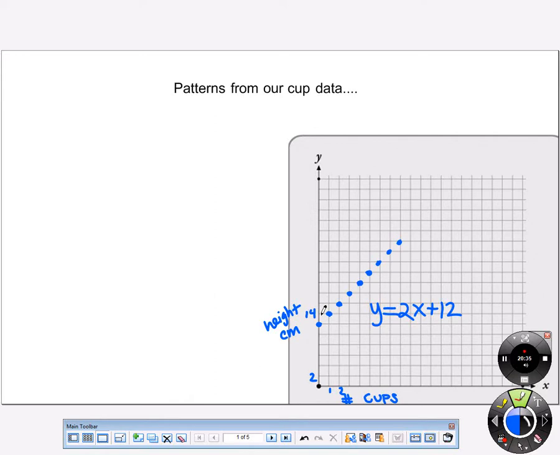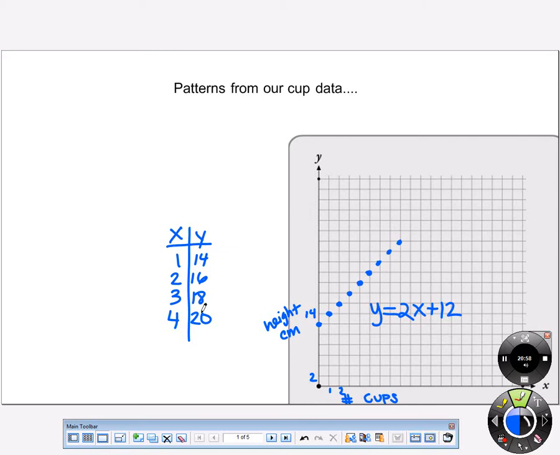Now think about if I put this information in a chart, like an XY table, instead of a graph. Okay? So at 1 cup, 14, 2 cups, 3 cups, 4 cups. Now you guys could find this same equation using this information if you counted these as points, found the slope, found an equation, all that kind of stuff. Okay?